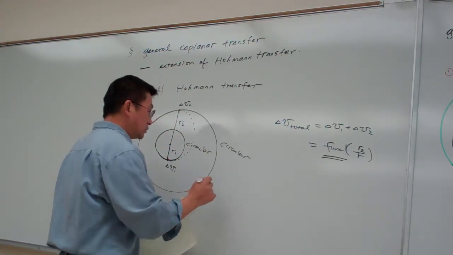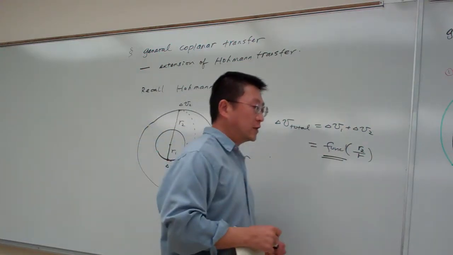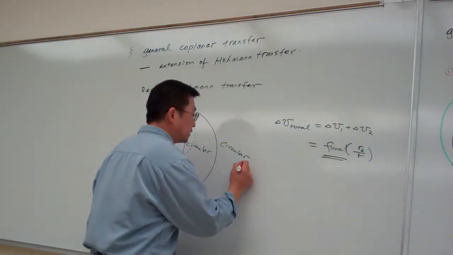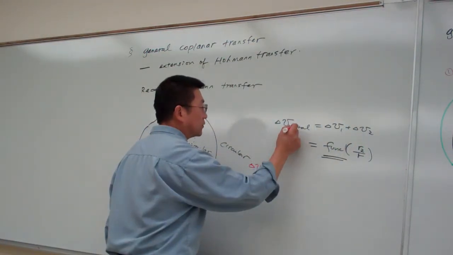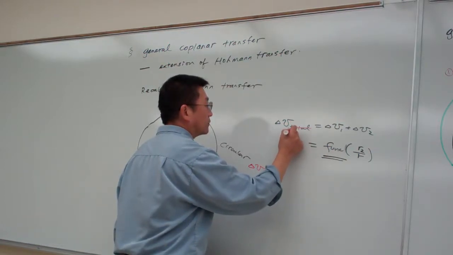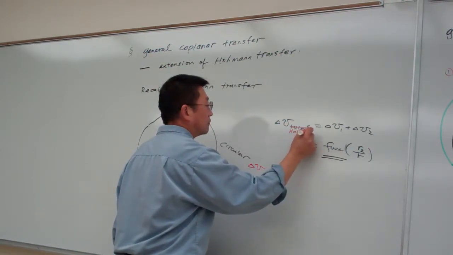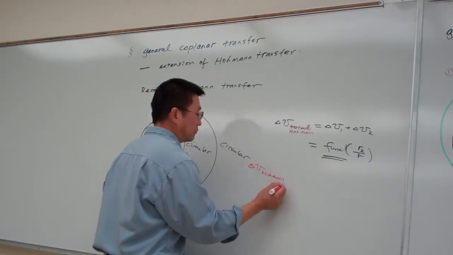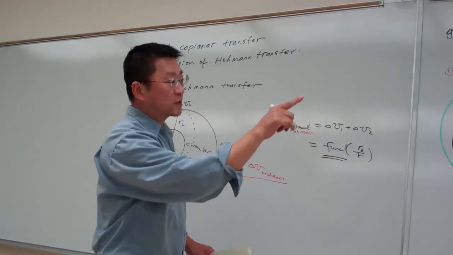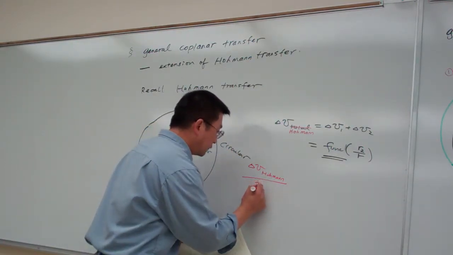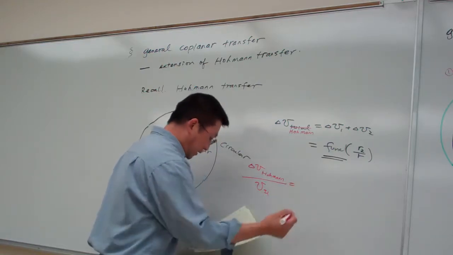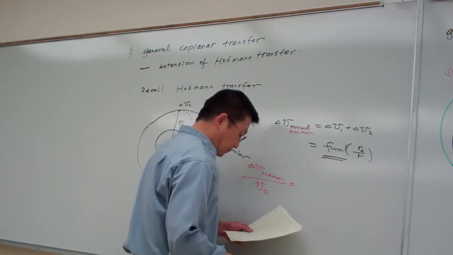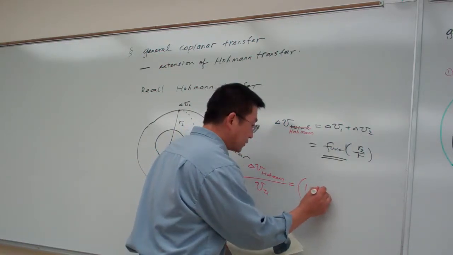So in this way, let me write using a different color. The delta V total, I would say Hohmann, divided by, again, we scale with VI1. Okay, and that one, if you do that correctly, should be equal to 1 minus and so on.